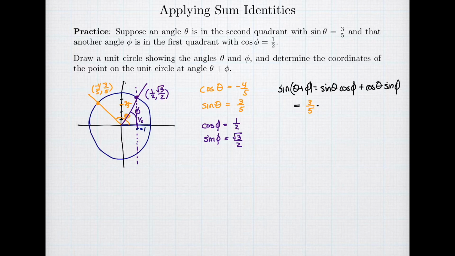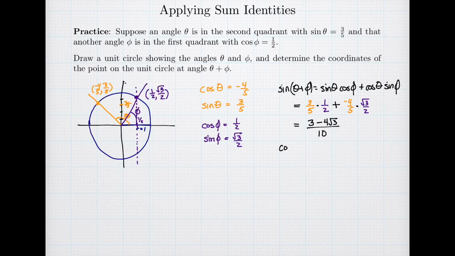And I'll multiply that by the cosine of phi, which was a value of 1/2. And I'm going to add the cosine of theta, which is -4/5, and I'll multiply that by the sine of phi, which is square root of 3 over 2, to give me a final value of 3/10 minus 4 square root 3/10. So I get 3 minus 4 times the square root of 3 all over 10.